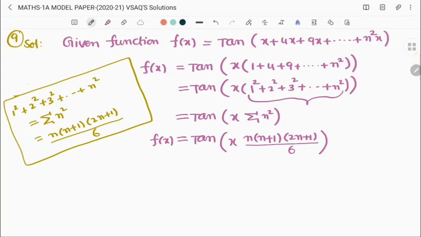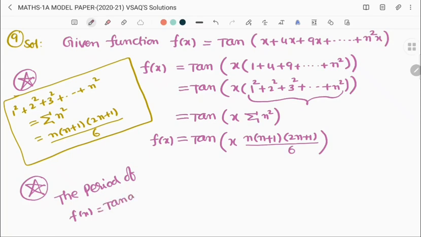One more important result. The period of f of x is equal to tan ax is pi by mod a.